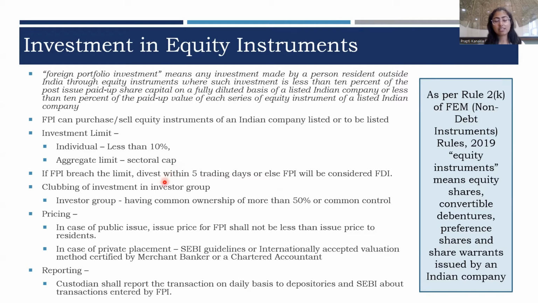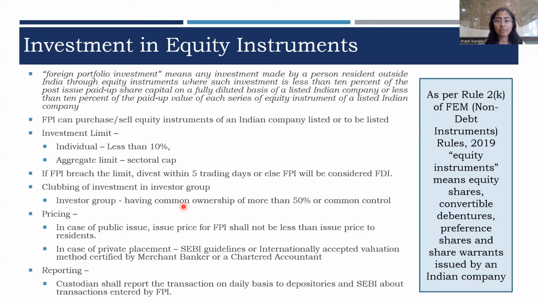Now, there might be cases where either the individual or the aggregate limit might get breached. That is, FPIs might invest 10% or more than 10% in the equity instruments of a listed Indian company. In that case, the custodian is the person who keeps track of the investments made by FPIs, either in equity instruments or debt instruments.